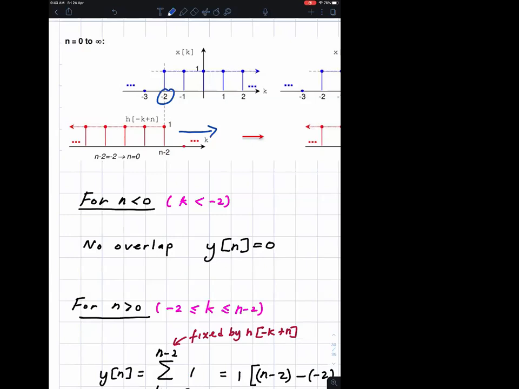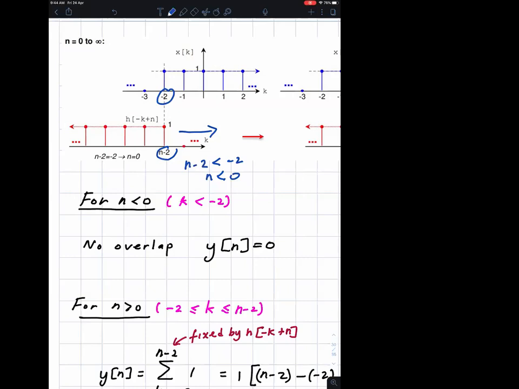When k is less than minus 2, n minus 2 is less than minus 2. So n is less than 0.